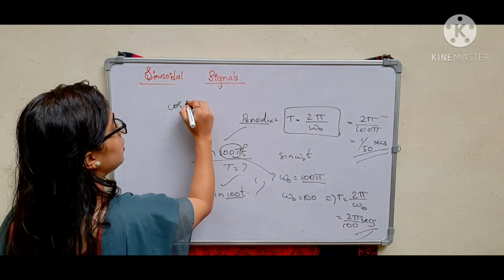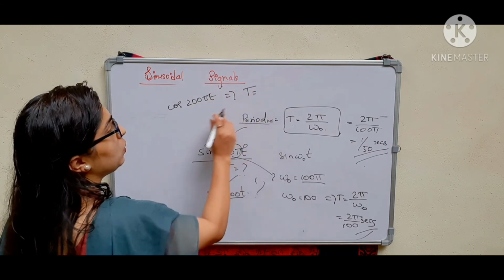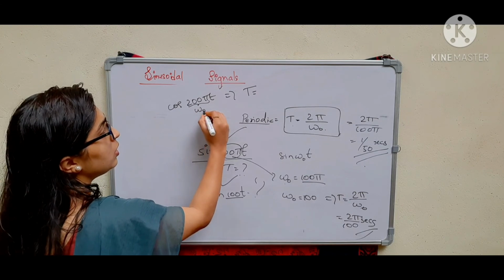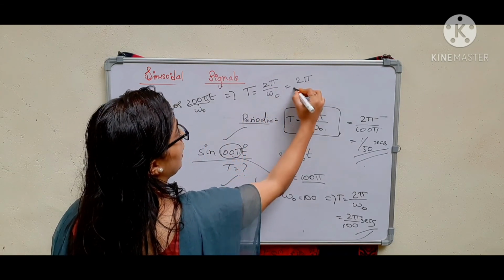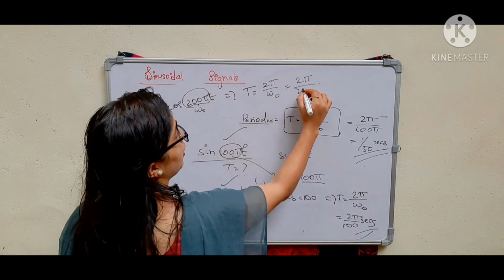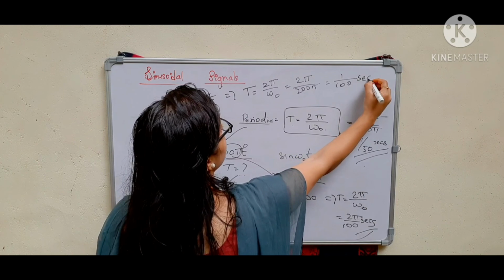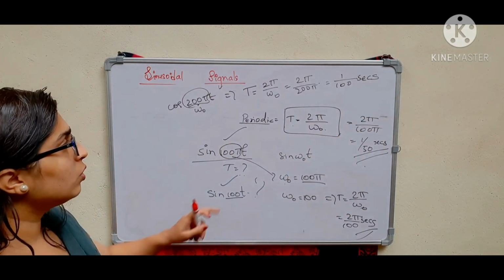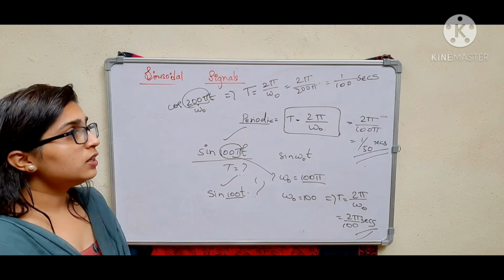Likewise, if I consider cos 200 pi t, omega naught is 200 pi, so T is equal to 2 pi divided by 200 pi, that will be equal to 1 divided by 100 seconds. So this is all about the period of sinusoidal signals.